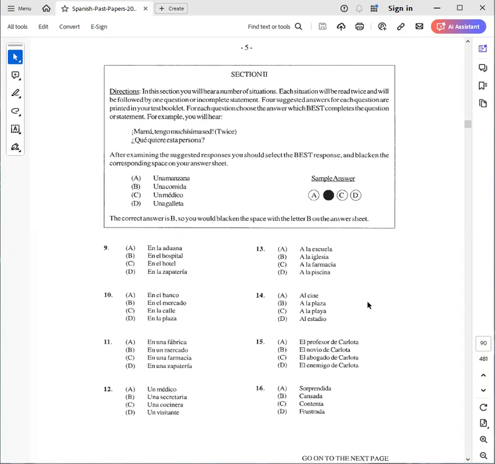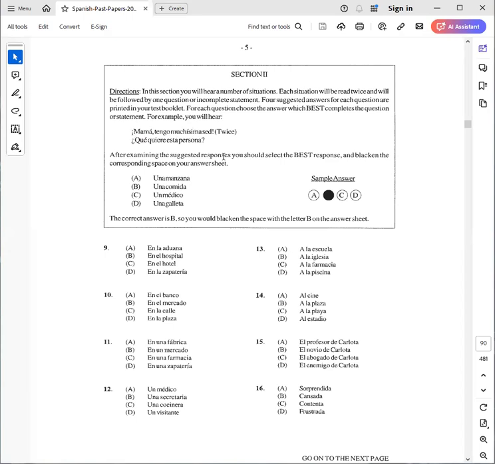All right, so in this section, you will hear a number of sentences. Each situation, or situations rather, will be read twice and will be followed by one question or incomplete statement. 4 suggested answers for each question are printed in your booklet. For each question, choose the answer which best completes the question or statement. So there's an example here. You will hear the first part twice.